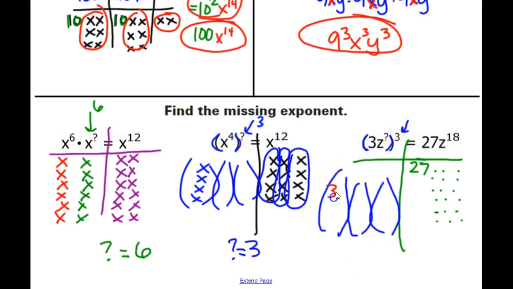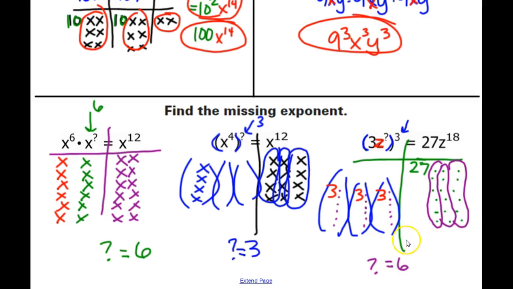How many z's do I need in each group to get to 18 total? If you split them up, there's 6 in each group. 6 times 3 is 18, so that makes sense. So the question mark, we needed 6 z's in each group to get to a total of 18 z's.